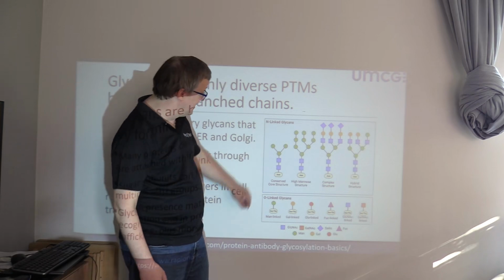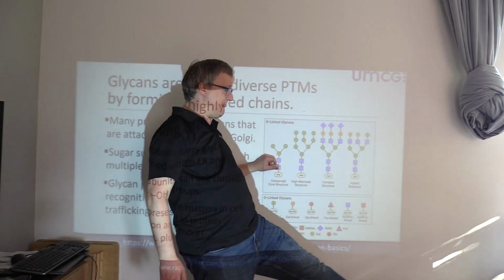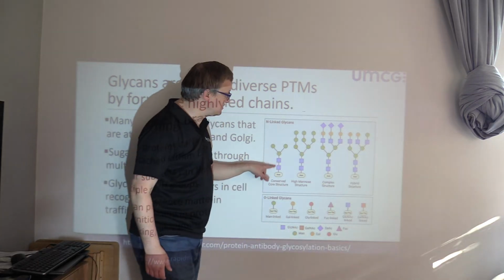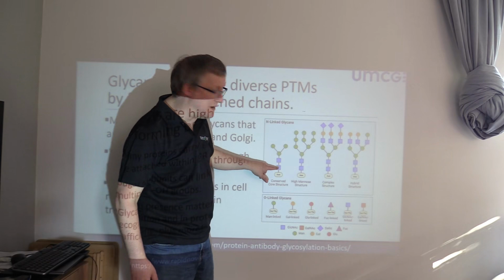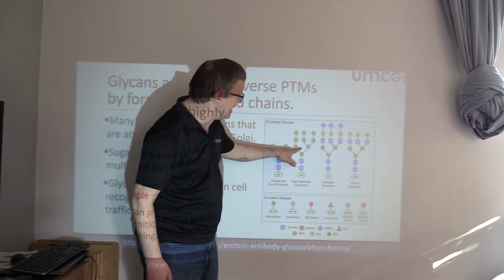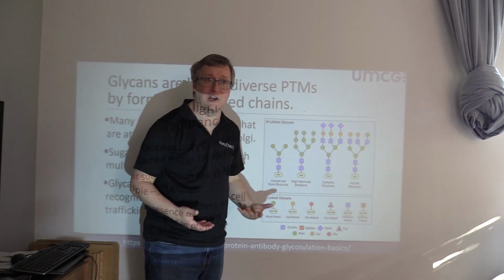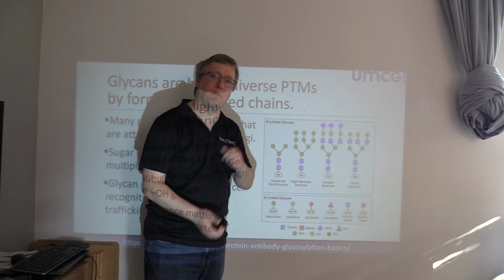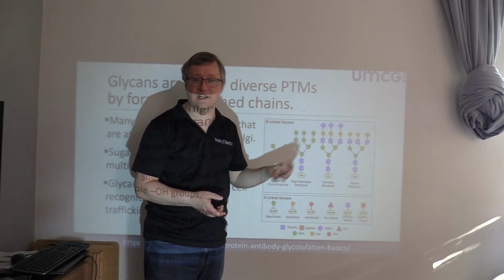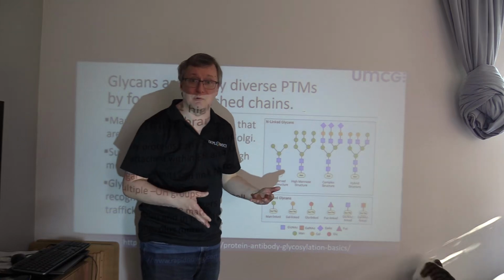So what we see in this case, though, is that individual sugars may just be attached in long chains, or they may be attached in branches. And this is something special about carbohydrates, that these sugars have multiple OHs in place, multiple hydroxyls on them, and each of those may be considered an attachment point.